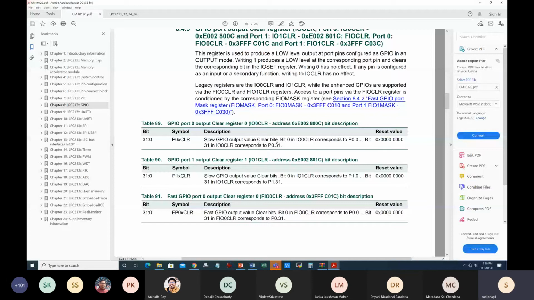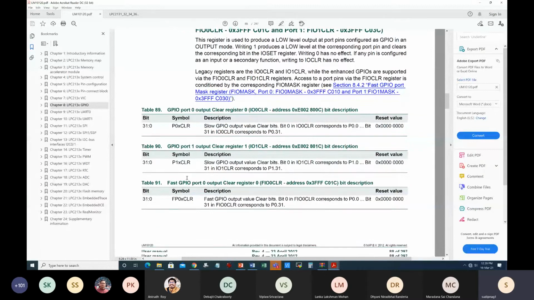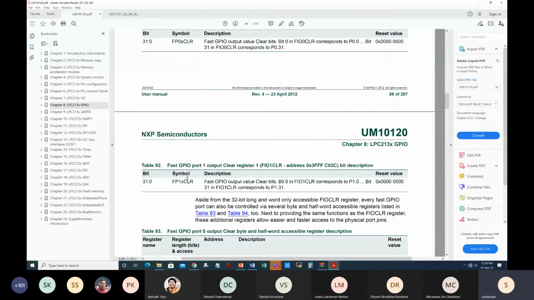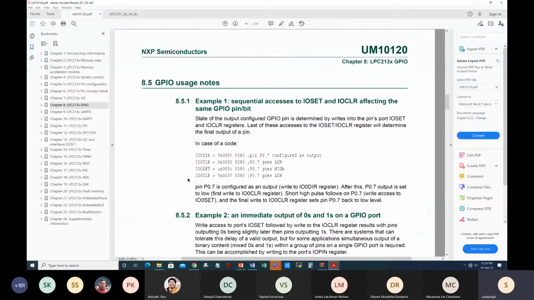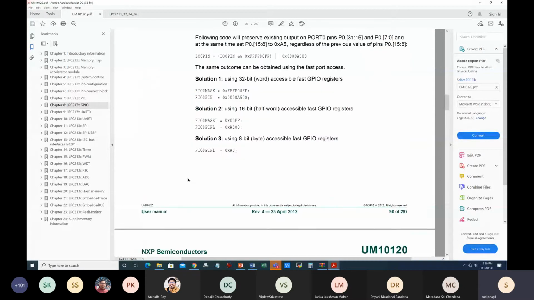So this bit clears to 0 if this particular bit is set to 1. That is the meaning of this port 0 CLR, or similarly port 1 CLR, and similarly port 0 set and port 1 set are available.